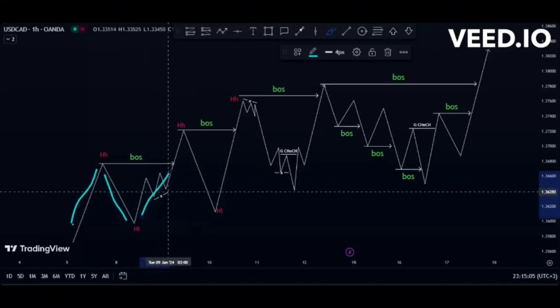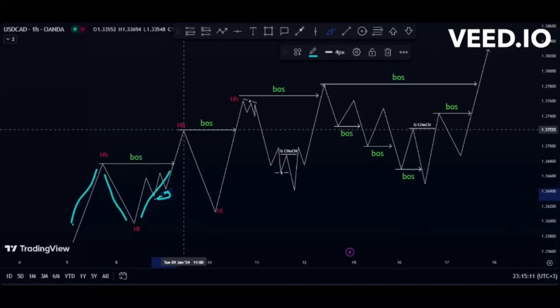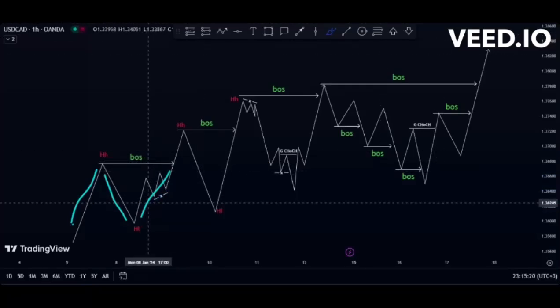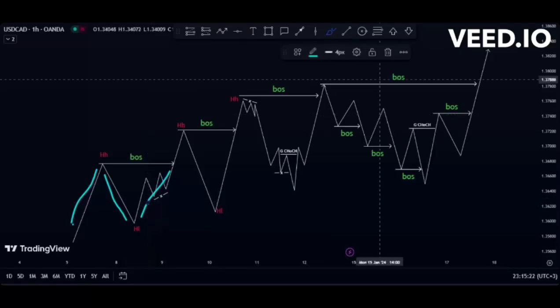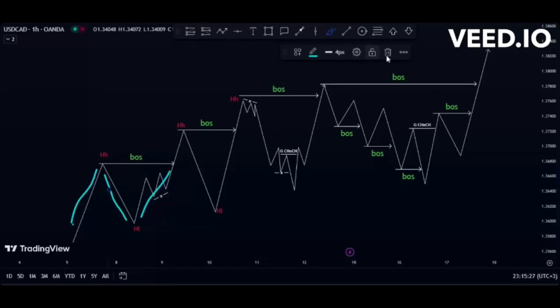But before that bullish move, we had a formation of some liquidity here. This liquidity is meant for the upcoming retracement. So that's one thing you need to learn as a trader: price moves from internal to external liquidity.